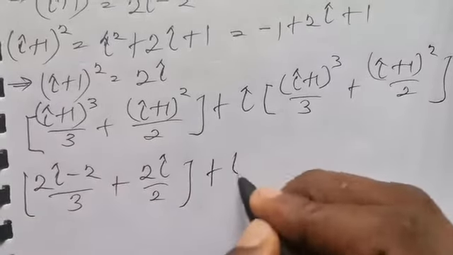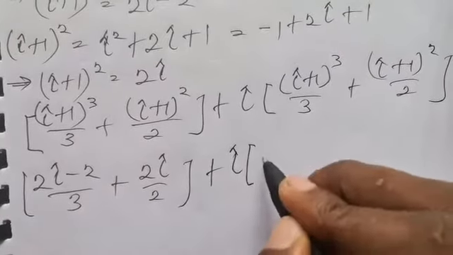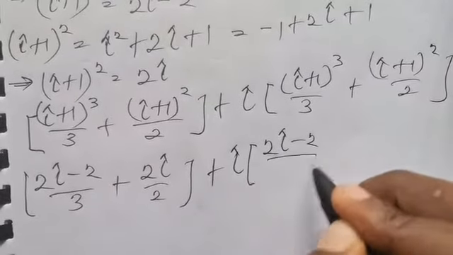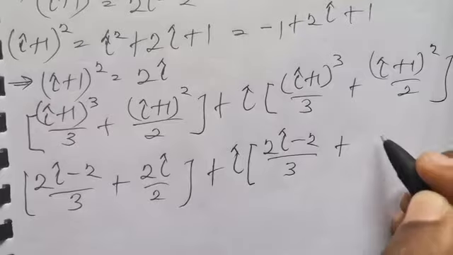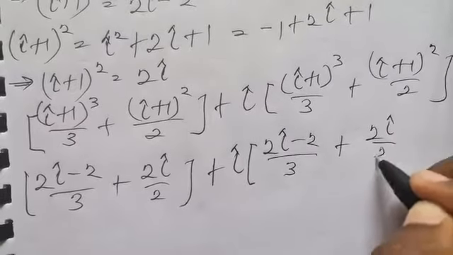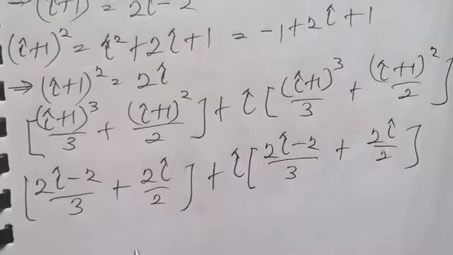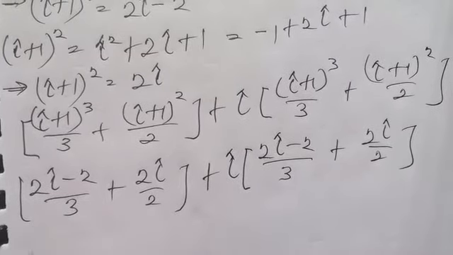Same thing here, plus i times (2i − 2)/3 plus 2i/2, and we have this. All right, so we can further break this down.